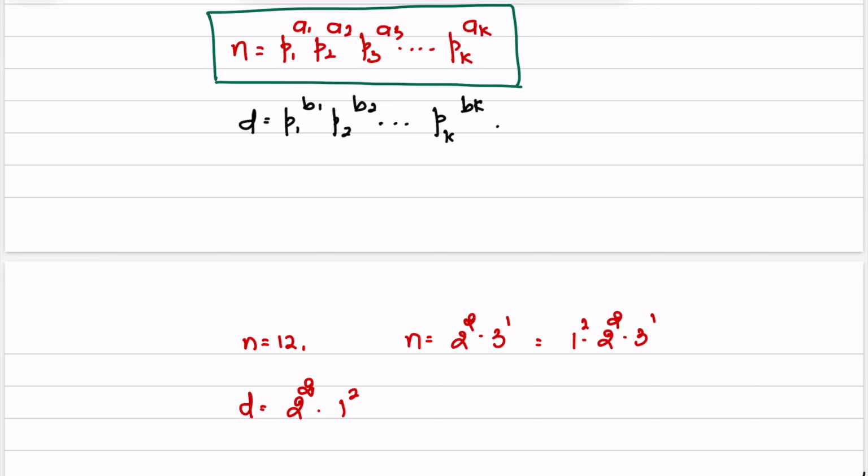Now, we have to find the condition between A1 and B1 or A2 and B2, which implies Bi is even. Do you agree? Bi is always even, and Bi is a positive integer.